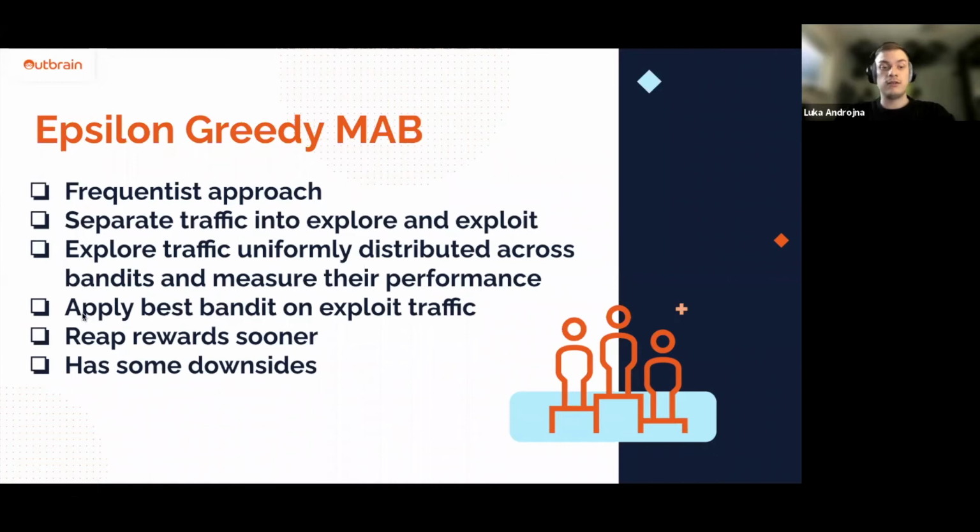And then what you do is just apply the best bandit on the exploitation traffic. This allows us to reap the rewards sooner, but we know that we have some downsides here, like permanent exploration of options that we maybe want to stop exploring sooner, and we will go over that in the demo a bit later.